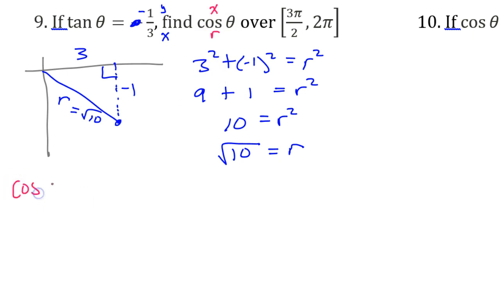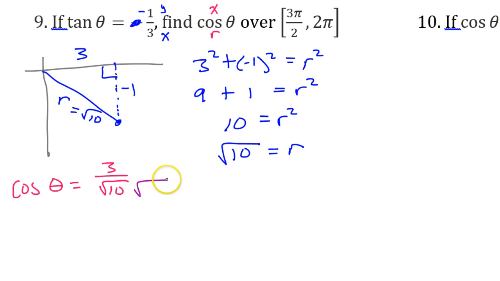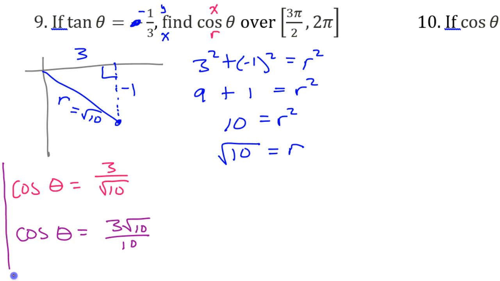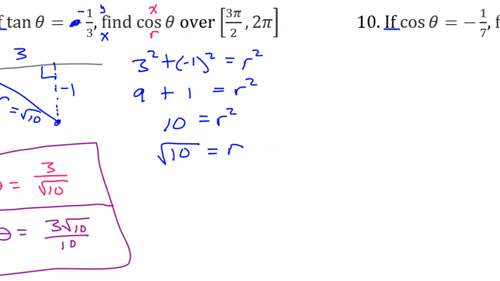So when I go to do the cosine, that should be 3 over radical 10. Now I could rationalize the denominator. So that would give me a cosine of 3 radical 10 over 10. Okay, just two versions of the same answer.